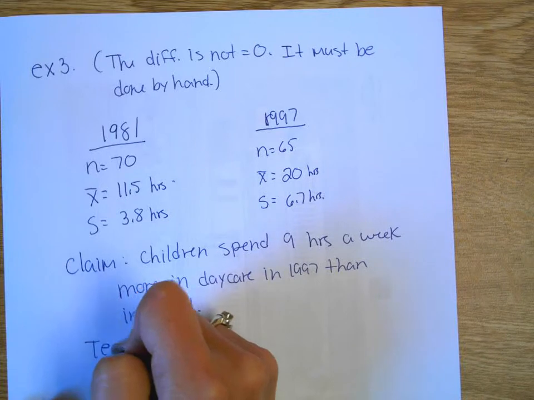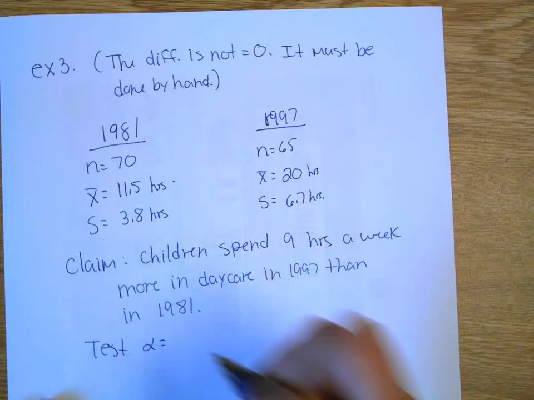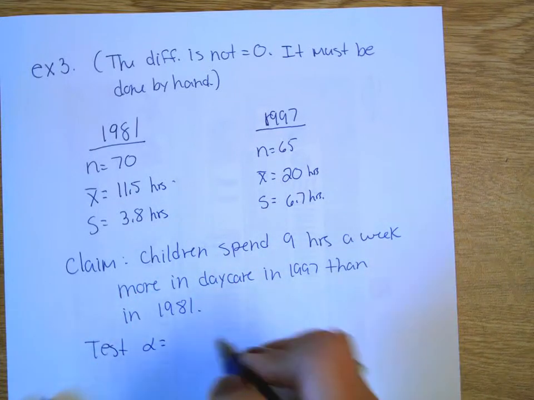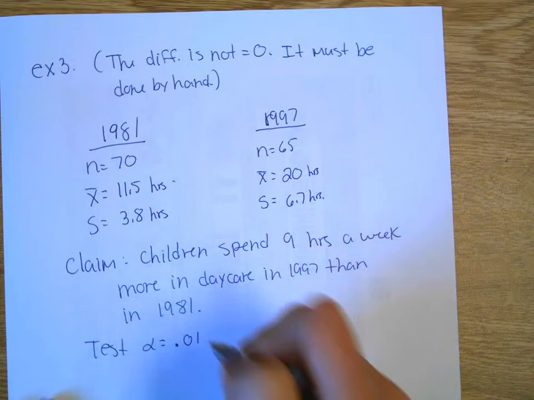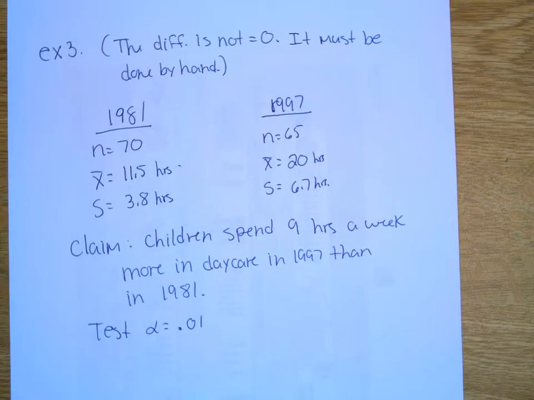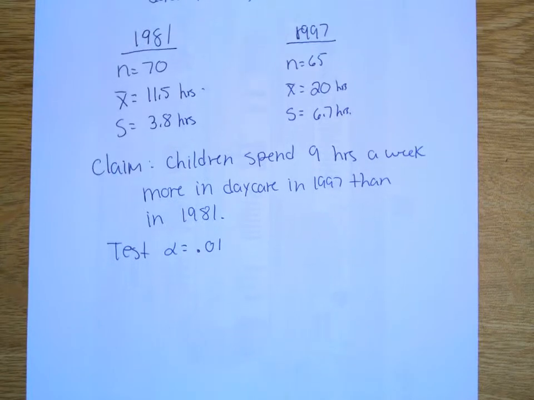We're going to test this at 1%. If you can get by the claim, these are easy.